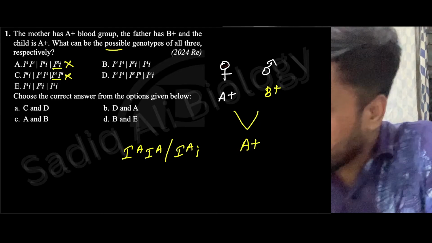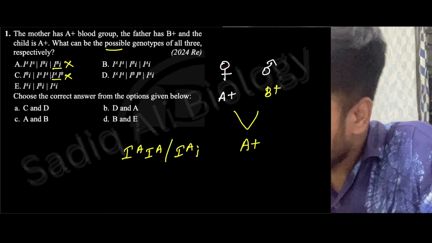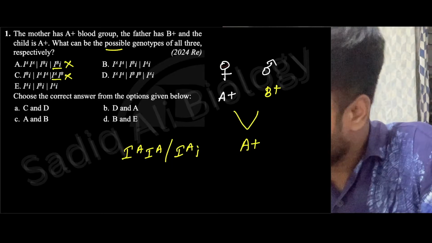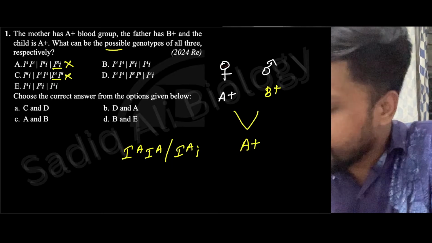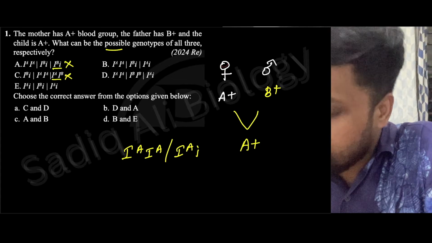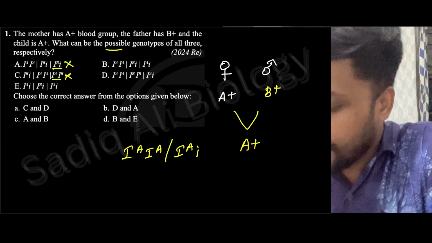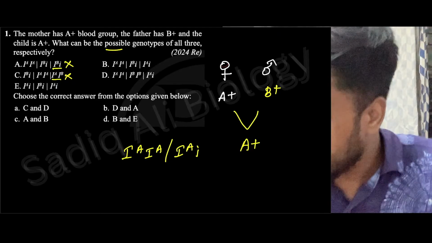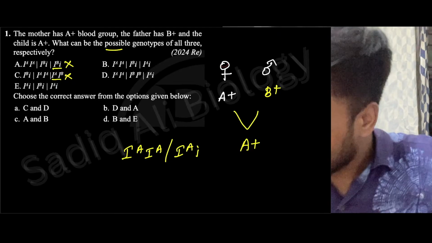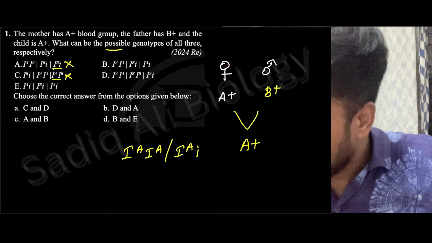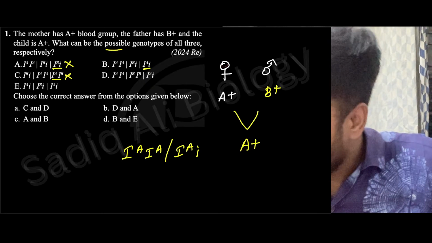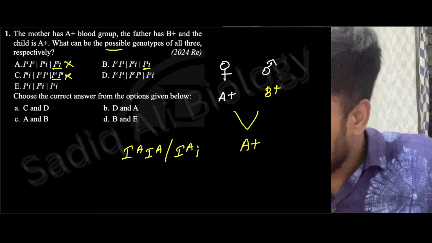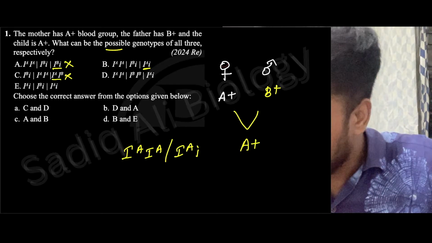Now, here they have mentioned that the mother is A plus and the father is B plus and the child is A plus. So what will be the answer here? When you take this option, IA small i, IA small i, one is A blood group, another one is B blood group.